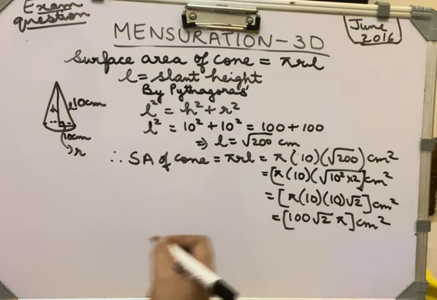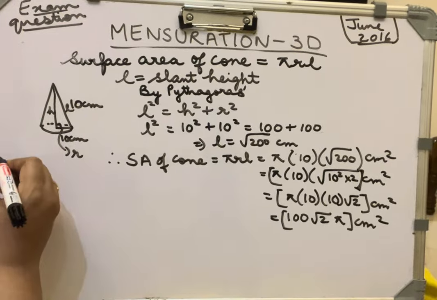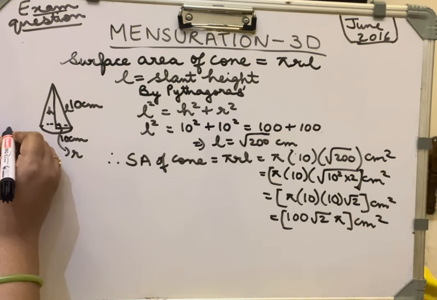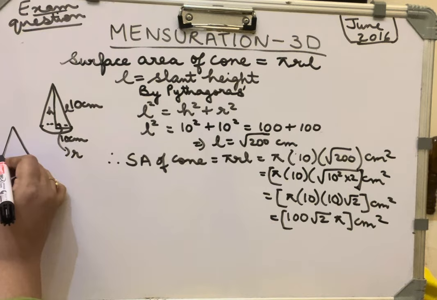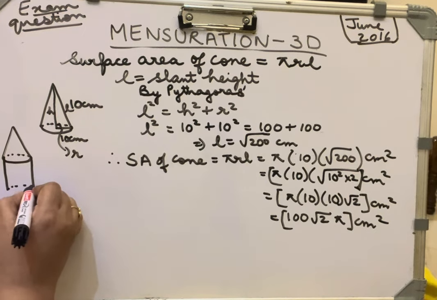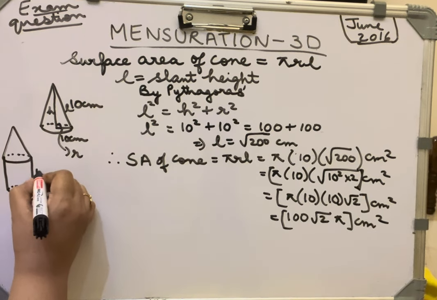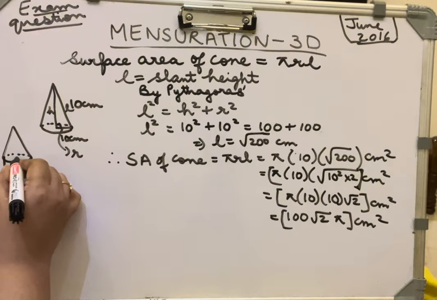Now next, surface area of cylinder. So now if you recall the figure, there was a cone and cylinder. Now the radius of the cylinder is 10 centimeter, height 10 centimeter.